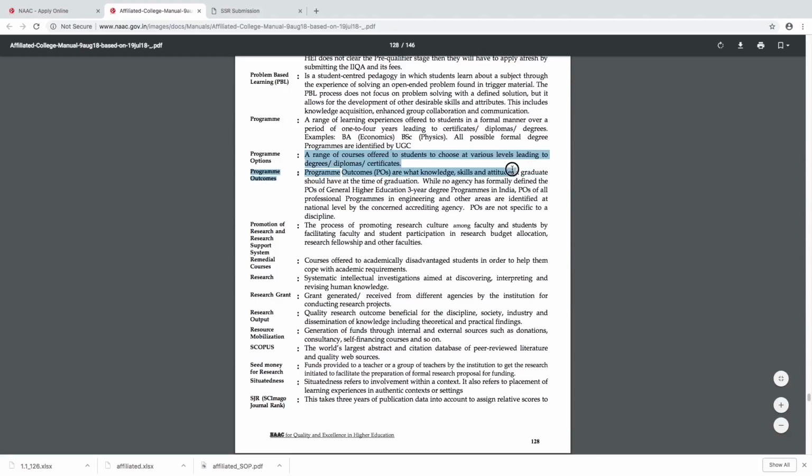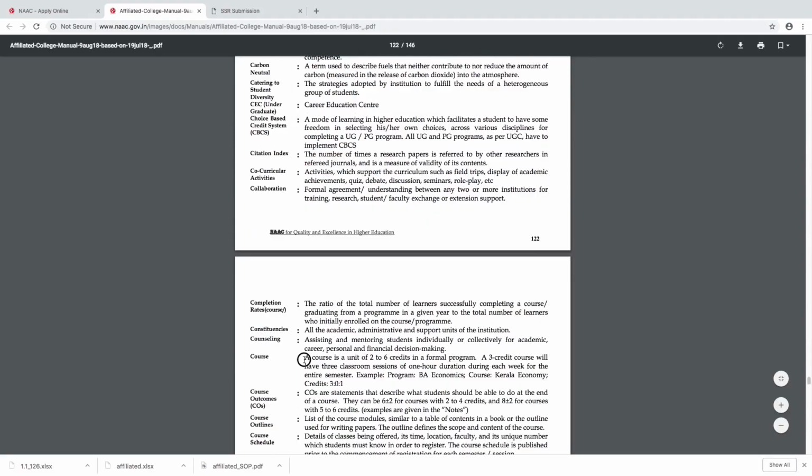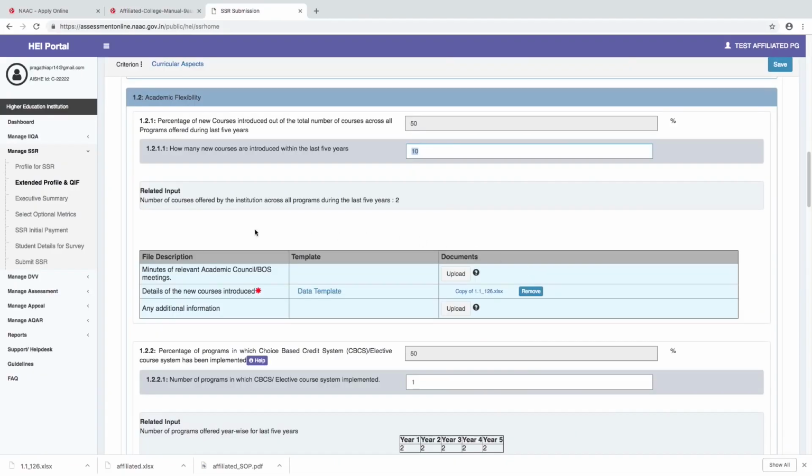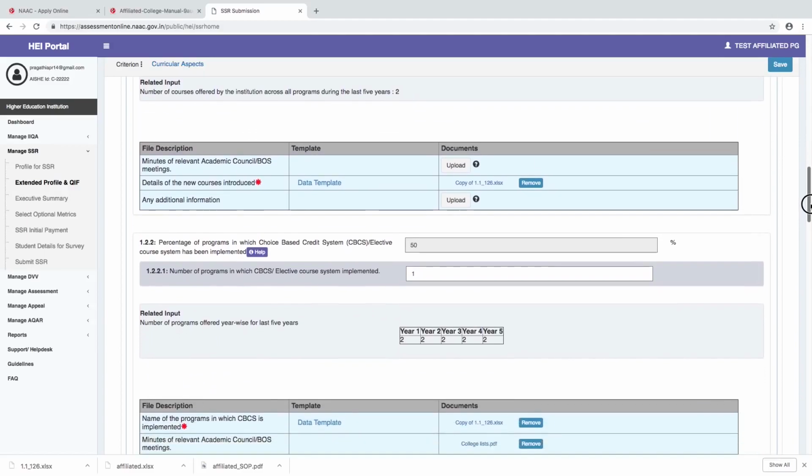Programs are like the BA, BSc, BCom, BE degrees, but courses are a unit in the curriculum that may be 2 to 6 credits, or a 3-credit course which will have 3 classroom sessions, upon completing which you will be writing an exam. Courses are the subjects or papers, of which you will have a definite number, completing which you will attain a degree. Coming back to this, it can be one whole number for the last 5 years.